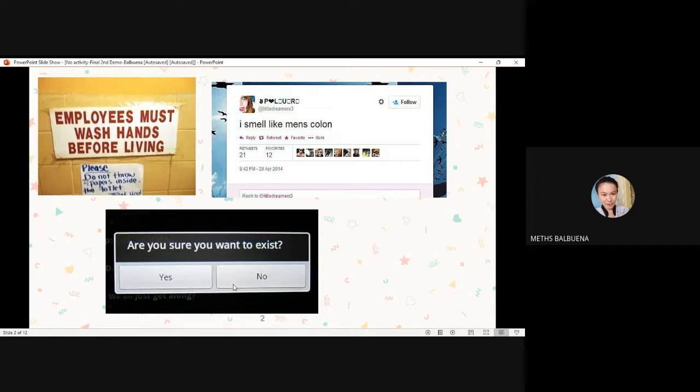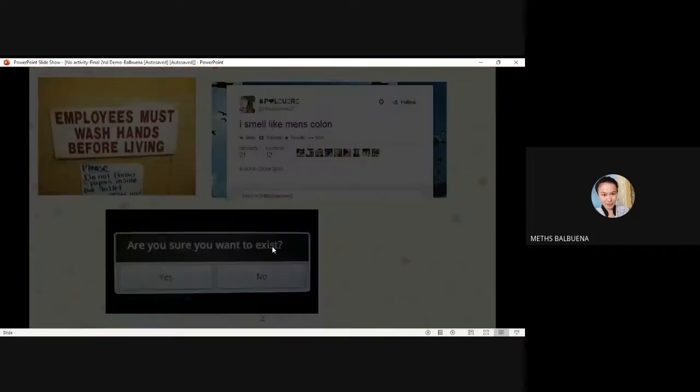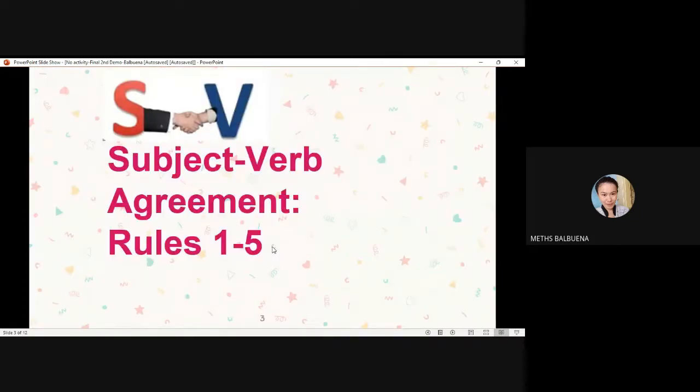We all know that it should be "except," there is no S. And in connection with our topic for today, which is subject-verb agreement rules 1 to 5, like in spelling, we should write correctly, and in subject-verb agreement, there are rules that we should follow for us to be grammatically correct.